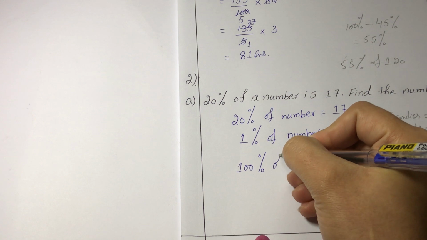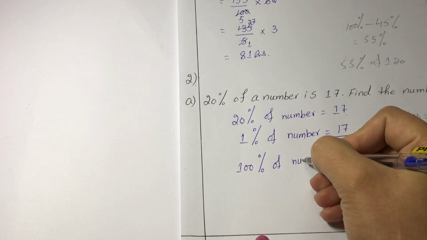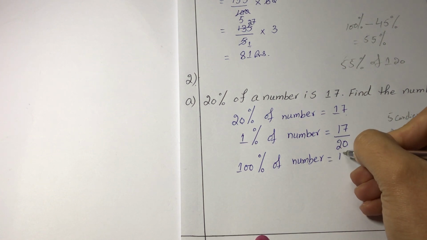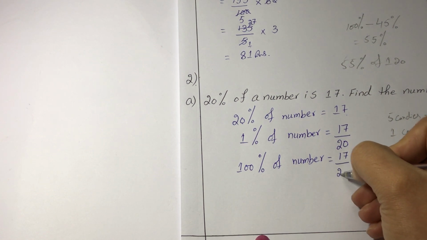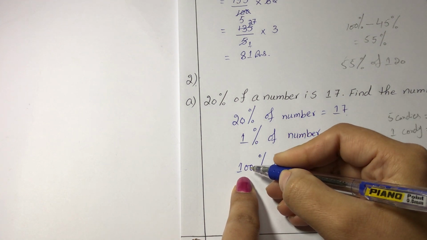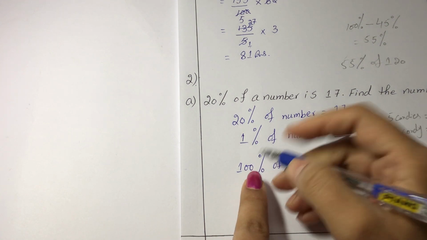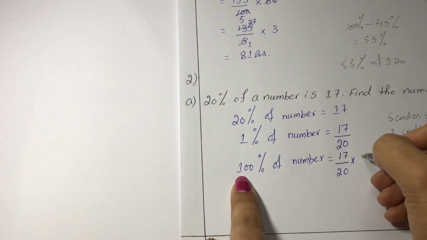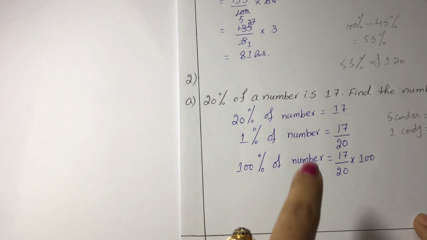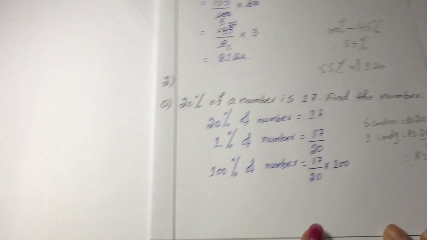So 100% of your required number would be equal to 17 over 20 multiplied by 100%, right? The percentage you require, you will multiply with that, right? This is called the unitary method.